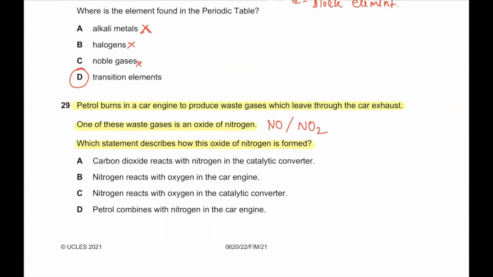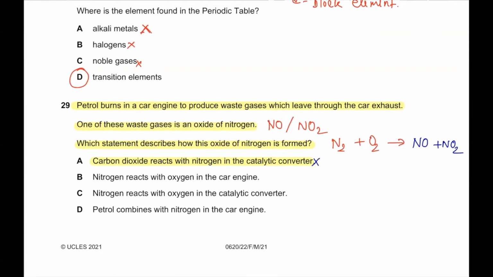Nitrogen from the air and oxygen from the air, at high temperature inside the car engine, can form NO or NO2. The equation is not balanced, however, let's see the descriptions. Carbon dioxide reacts with nitrogen in the catalytic converter: obviously wrong, it doesn't.